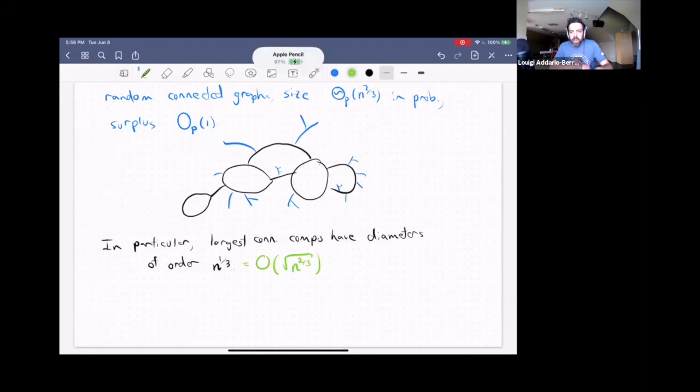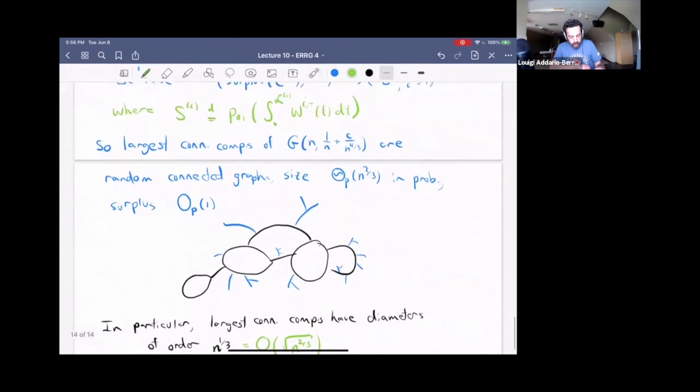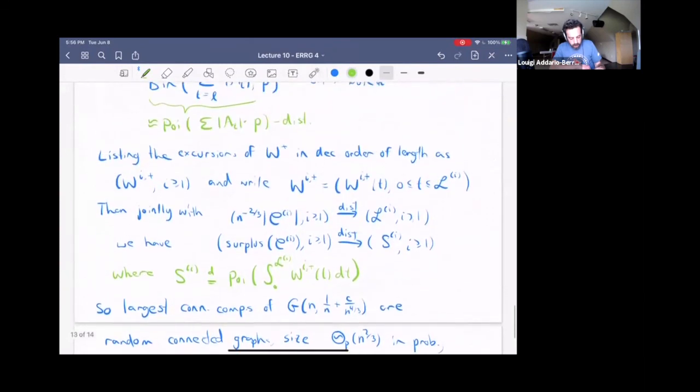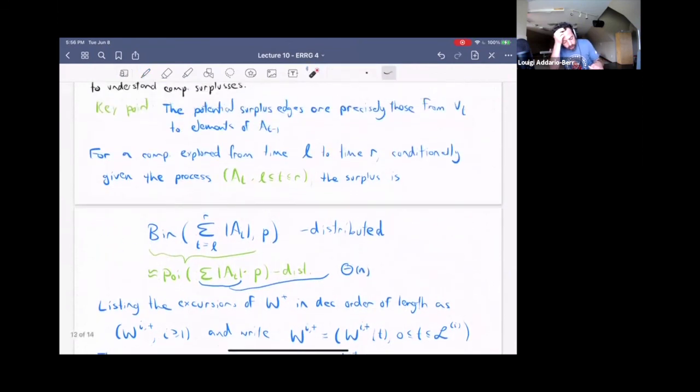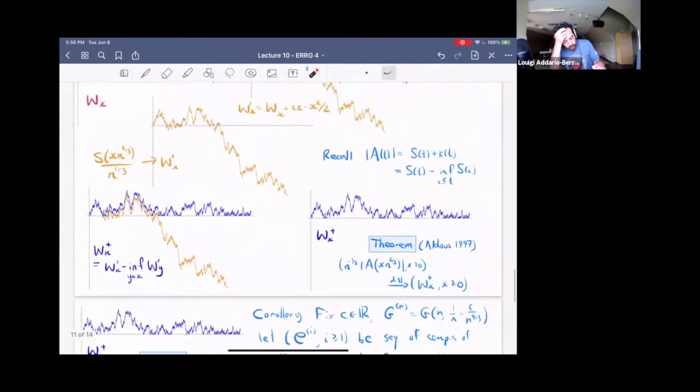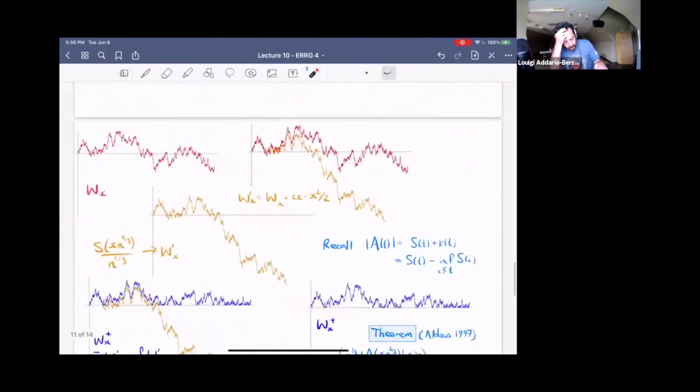The question in the chat: it seems that in the scaling for the surplus, the C over n to the 4/3 term disappears. Yeah, that's a reasonable question. So the point is that we're expecting this to be something of order n, because these excursions were random and had height. Where was it?